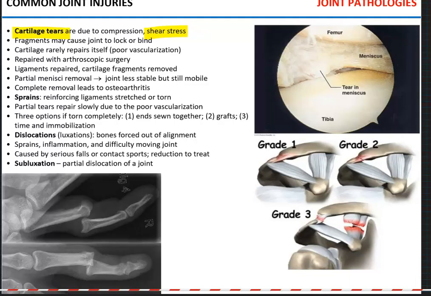So he probably injured it in the first or second year, didn't pay attention, and then his knee got twisted by a wave in the ocean, basically rotated sideways. And that shear stress contributed to the damage, and eventually a fragment of cartilage started locking his knee. He couldn't extend it completely.